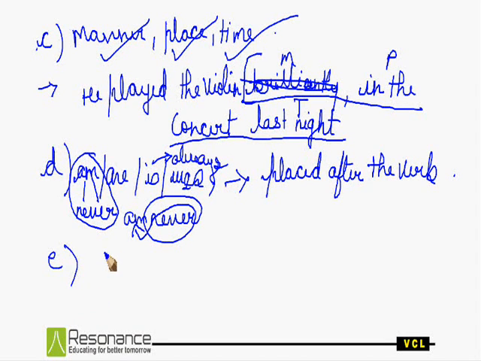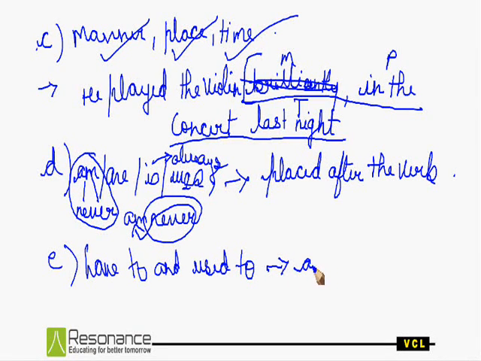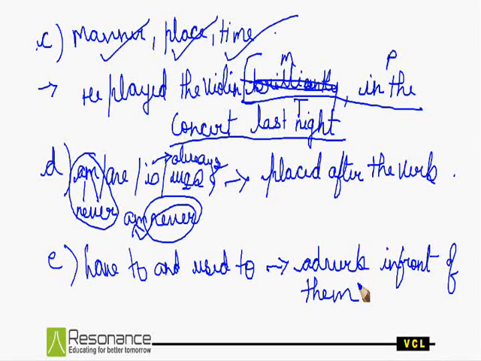Next, the auxiliaries have to and used to prefer the adverb in front of them. Adverb in front of them. For example, I often have to go to college.